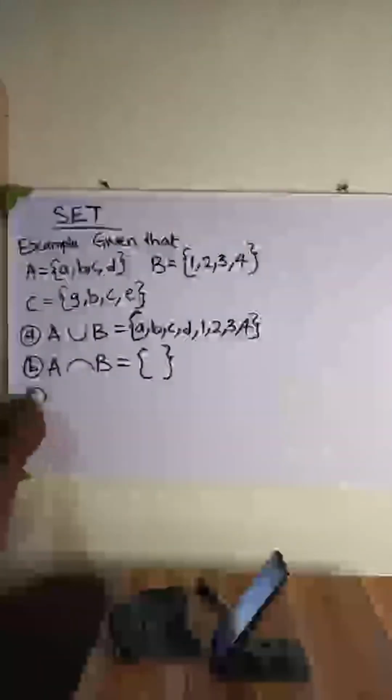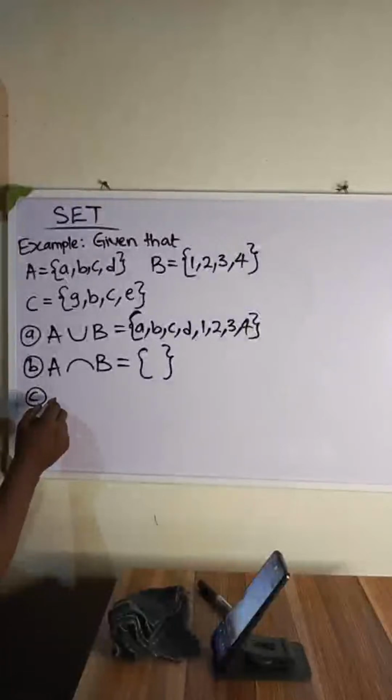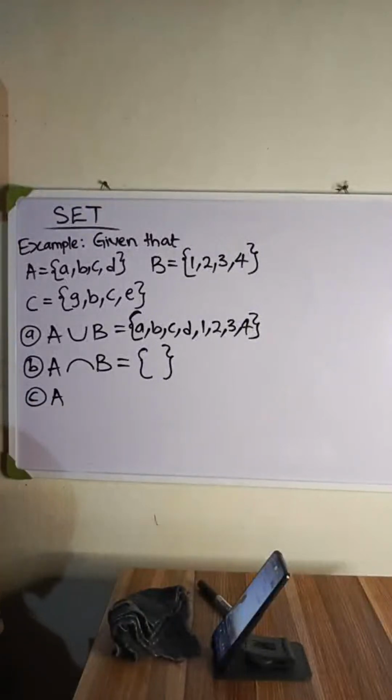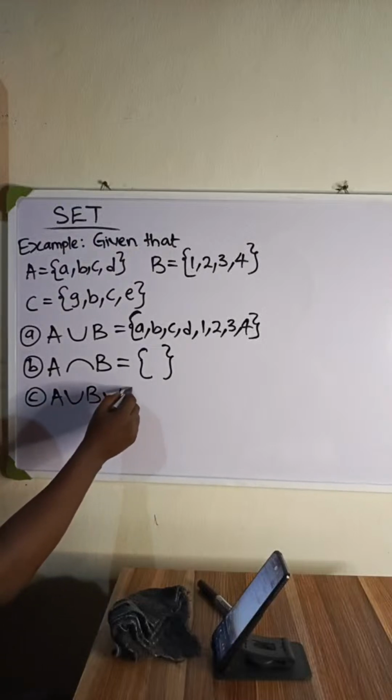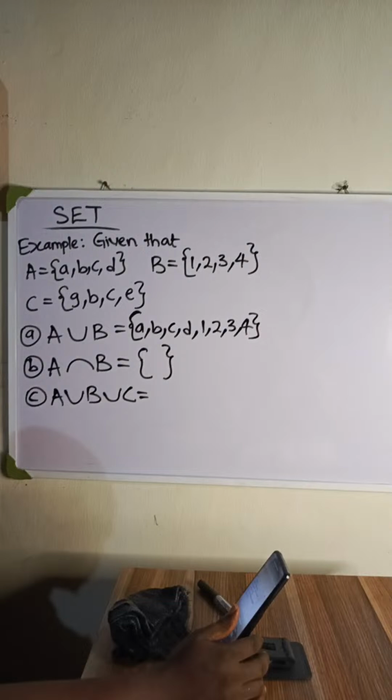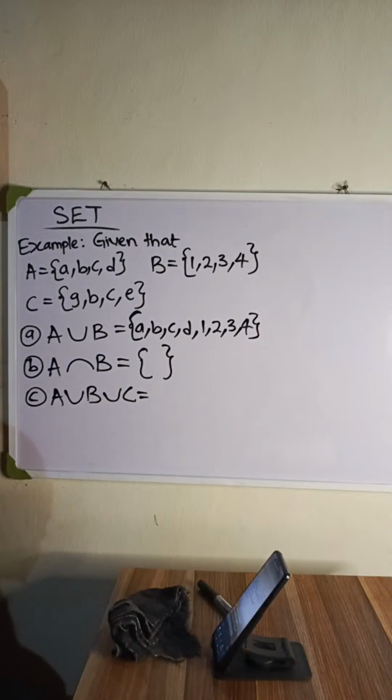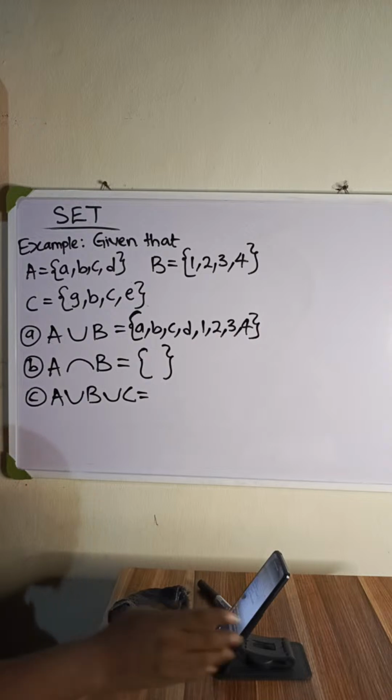The same with C. If you have A union B union C, what will be the answer to A union B union C?